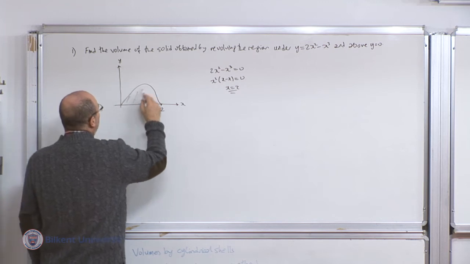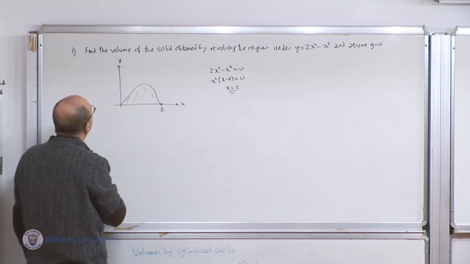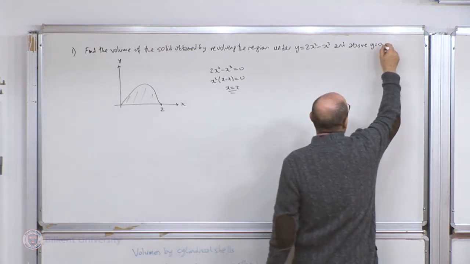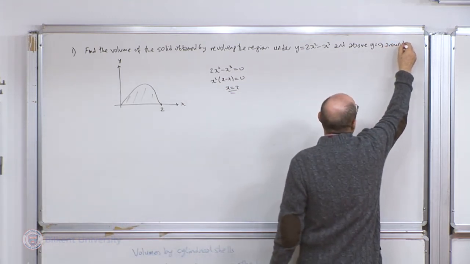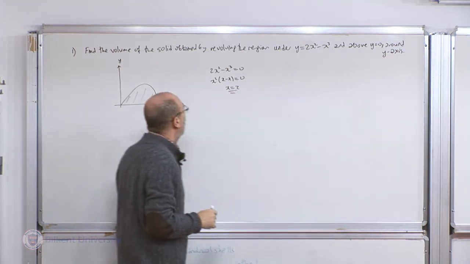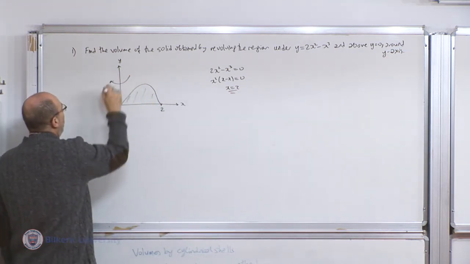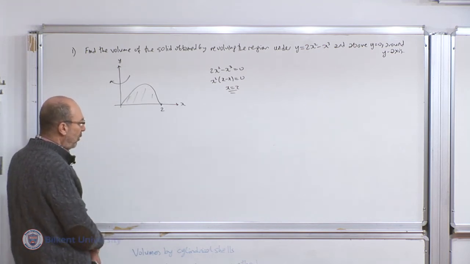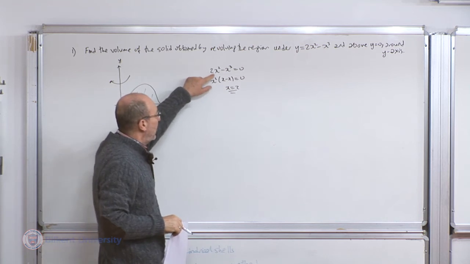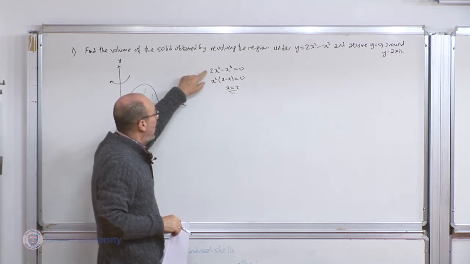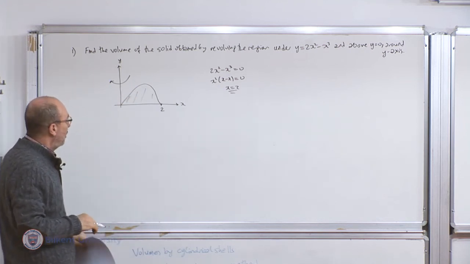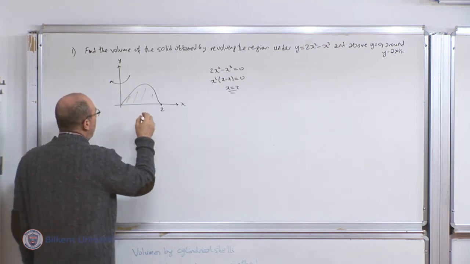So you want to revolve this around, I didn't say this, around the y-axis. So we revolve this around the y-axis. You see, nobody wants to solve this for x when y is equal to this. You will have 3 solutions for that. We don't want to solve this, so we'll use the other method.